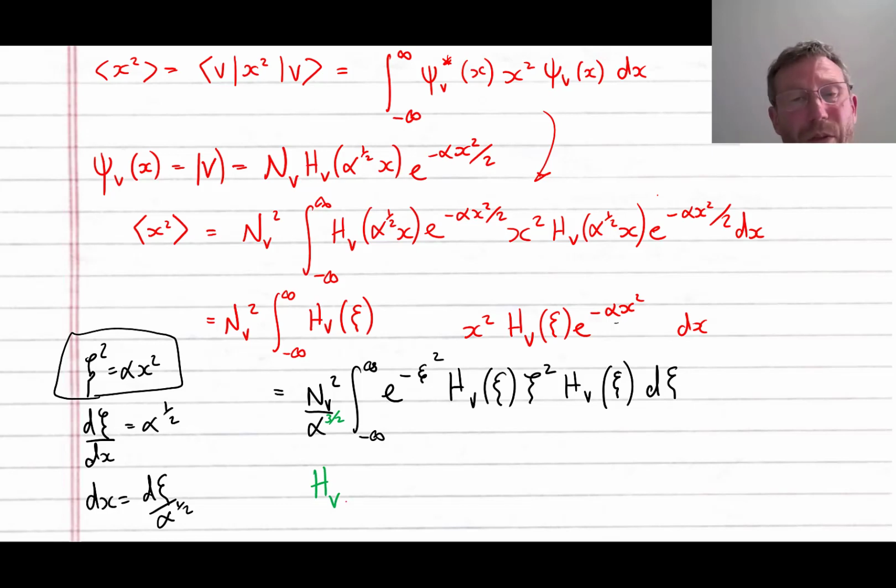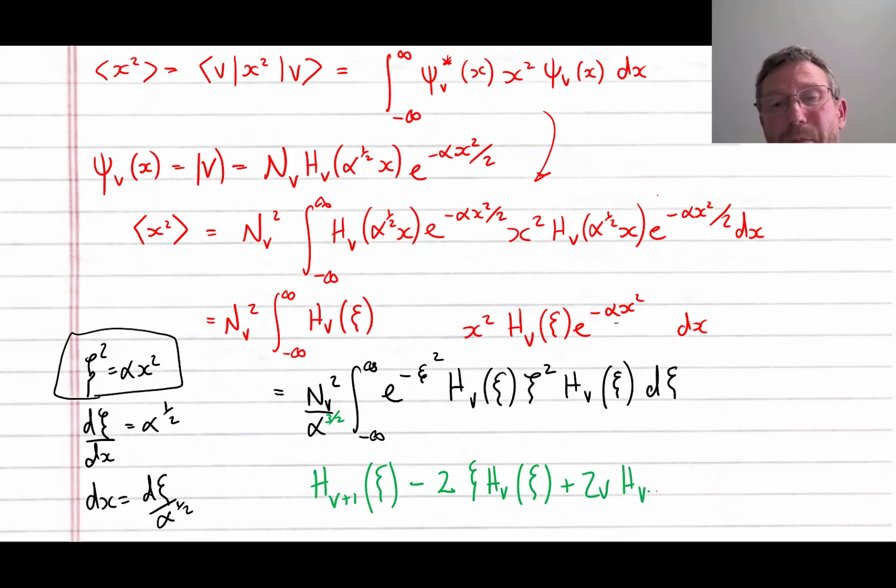Try going through all the Hermite polynomials and plug them in and demonstrating that this is in fact correct. Okay, so H_{v+1} minus 2 times xi times H_v of xi plus 2v H_{v-1} of xi, that equals 0.